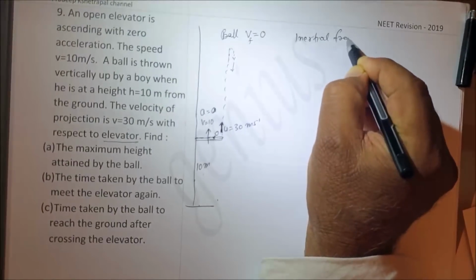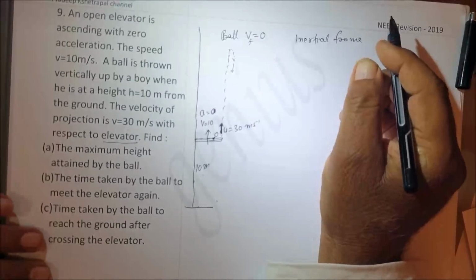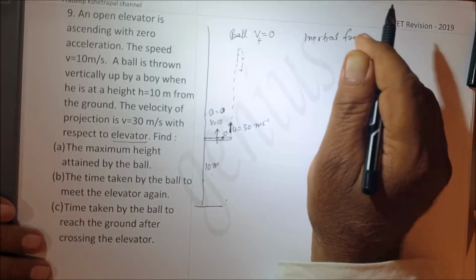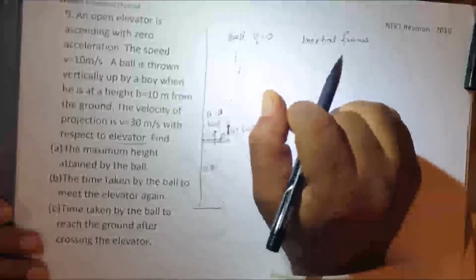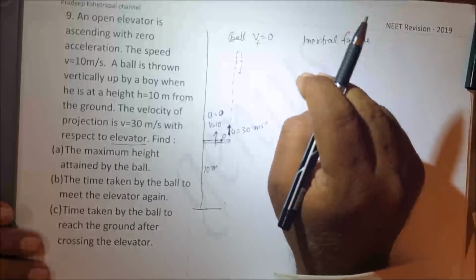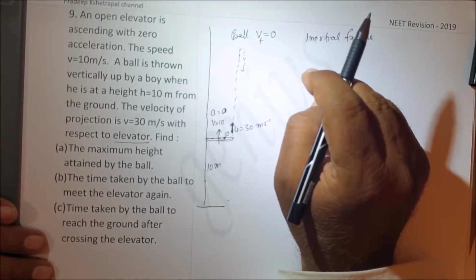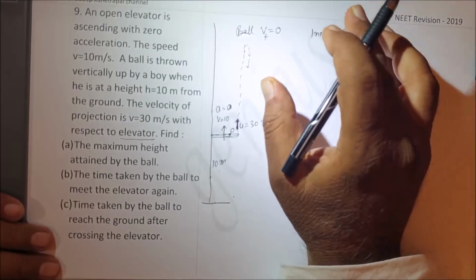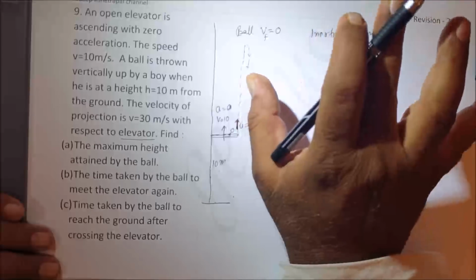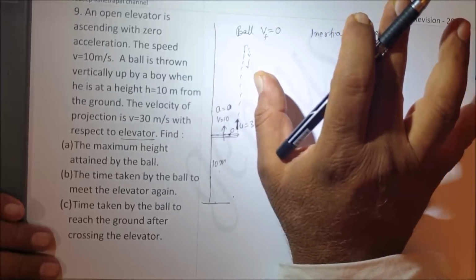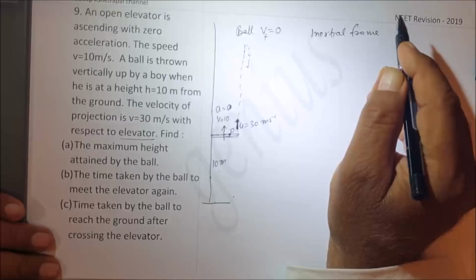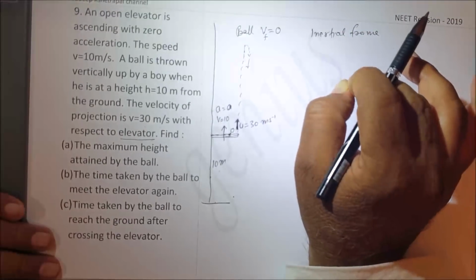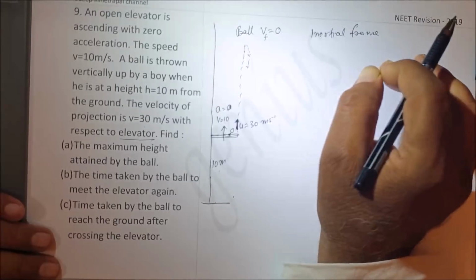What is an inertial frame? An inertial frame is just like a train compartment in which we are moving with uniform velocity. When there is no acceleration of a system, no acceleration of a body, then inside the body all the things have similar velocities, so that is known as an inertial frame, and in that all Newton's laws and all equations of kinematics are applicable.